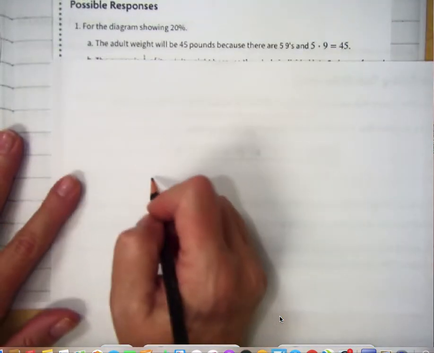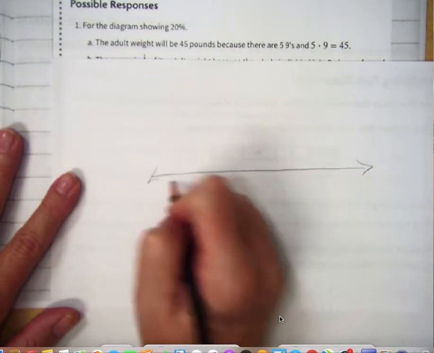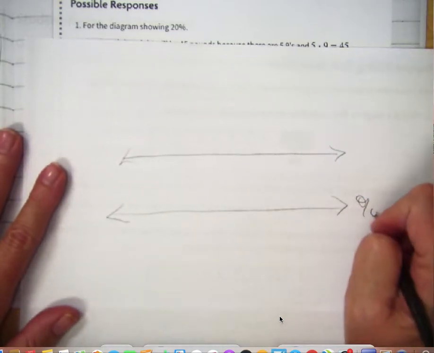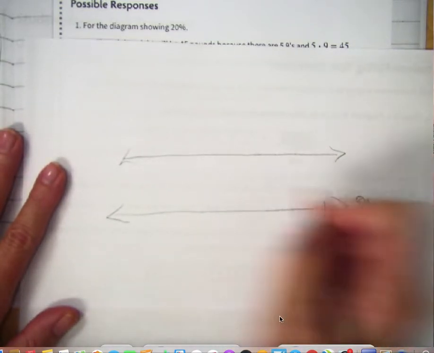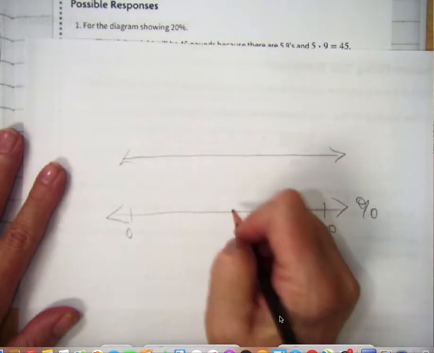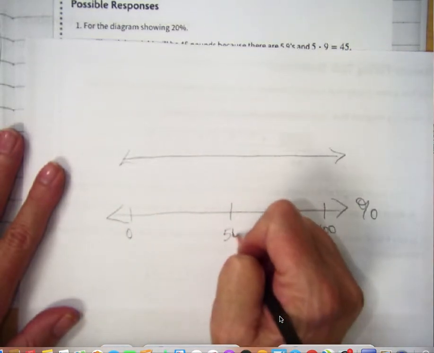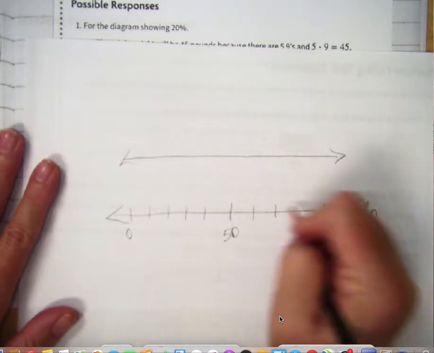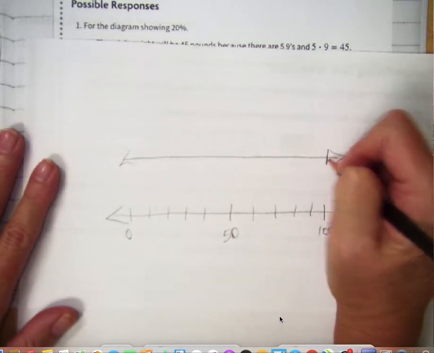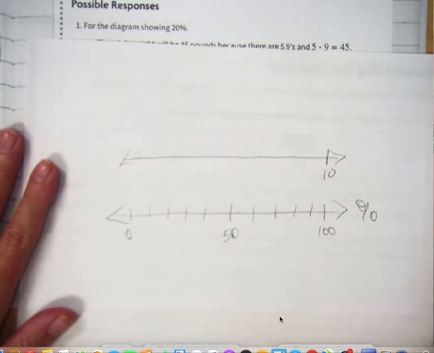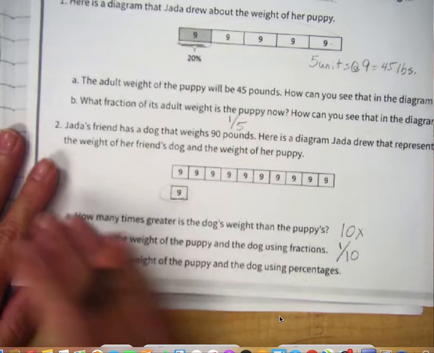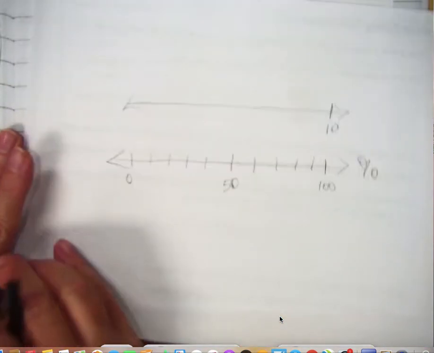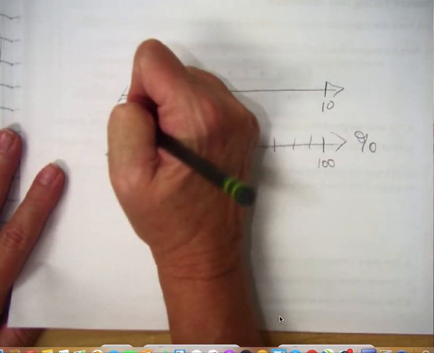Now, if I drew a double number line, okay, let's do percent. This is 100. And 50 is going to be in the middle. 40, 30, 20, 10, 60, 70, 80, 90. This is going to be 10, right? Isn't that the whole thing? So we're only going 10 if we broke this into 10 sections.